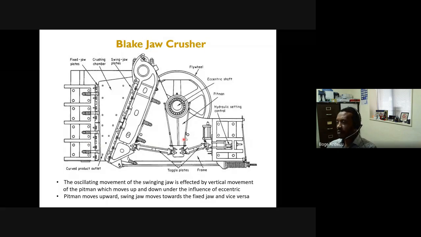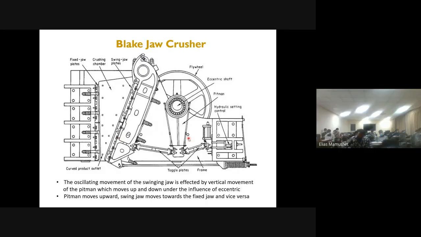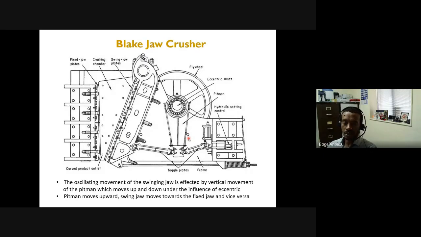When the eccentric circulates and the pitman goes down, you form a curve here, which means the movable jaw retracts away from the fixed jaw. So essentially the fixed jaw stays in one position, but the mobile jaw goes sideways like this.